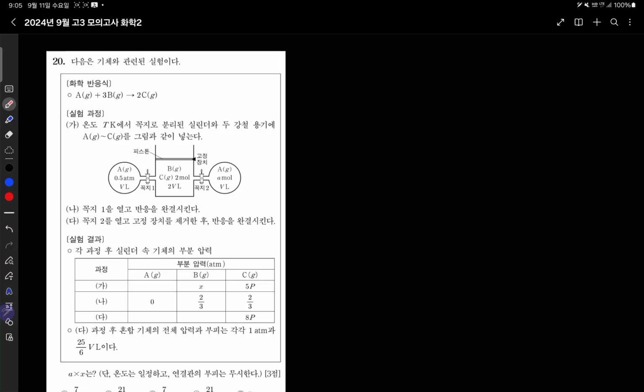So let's start with the gas C before the first reaction, because we know many things about gas C before the reaction. So using these three values in the gas equation, pressure is 5 times P, and volume is 2 times V, and the amount of mole is 2.